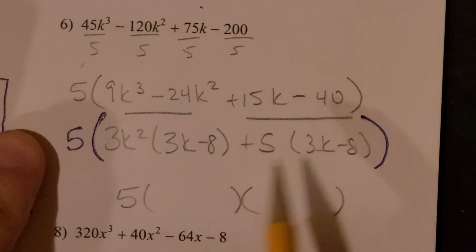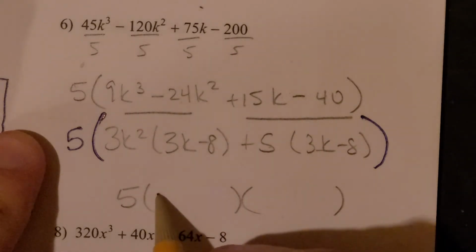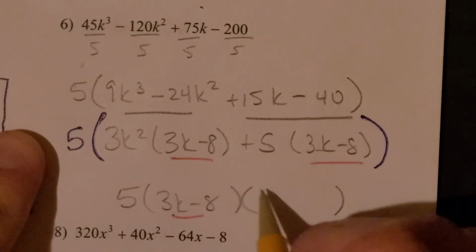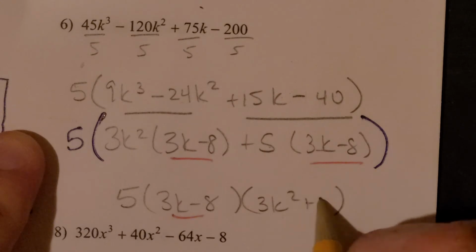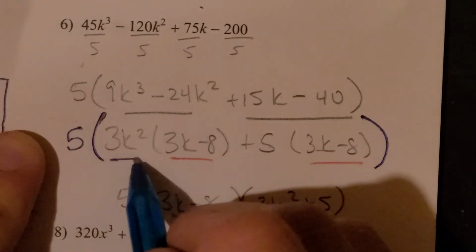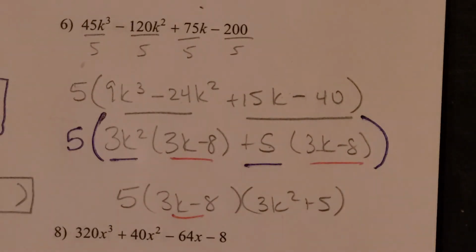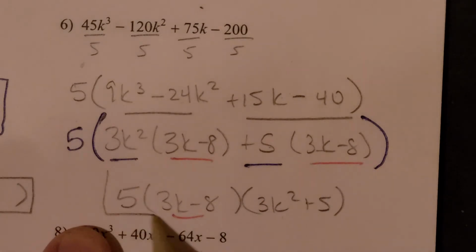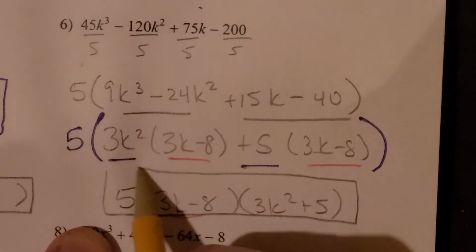I can take this and I can split it up into 2 different pieces. 3k minus 8 came from these. And then the 3k squared plus 5, which came from these. But do not forget you originally pulled out a 5, a GCF of 5, meaning this is your final answer.